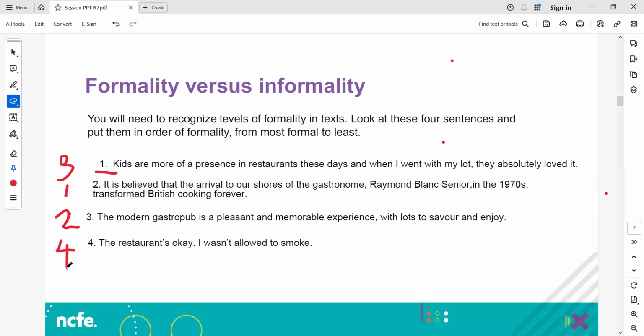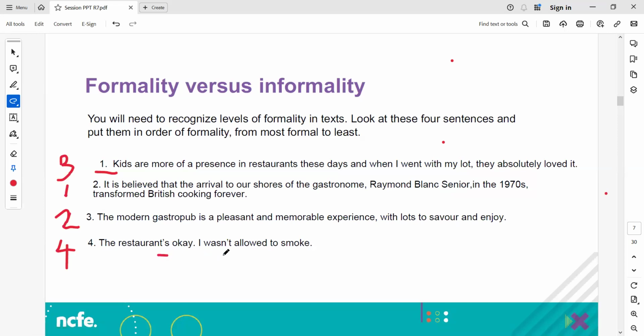Okay, someone have a go? I think it's the apostrophe in wasn't, and the apostrophe in the restaurant's. Yeah, so we've got contractions there, which are more speech-like, and that indicates that it is less formal. So rather than the restaurant is, we've got the restaurant's.